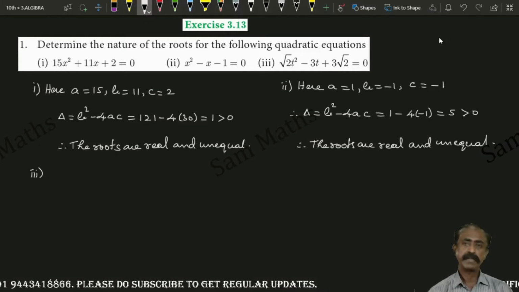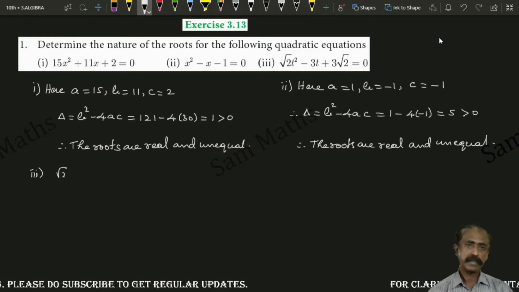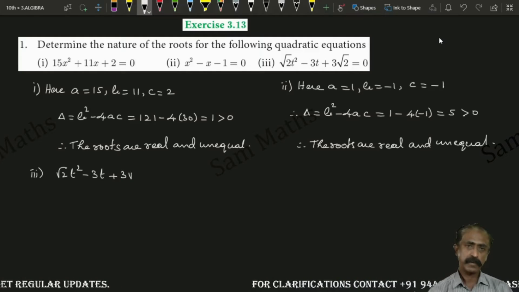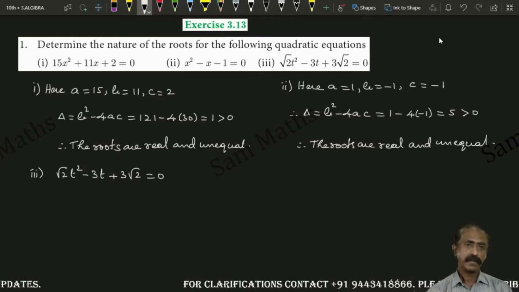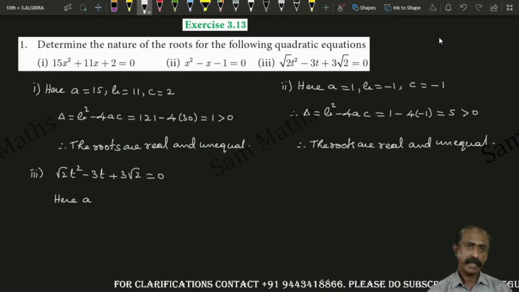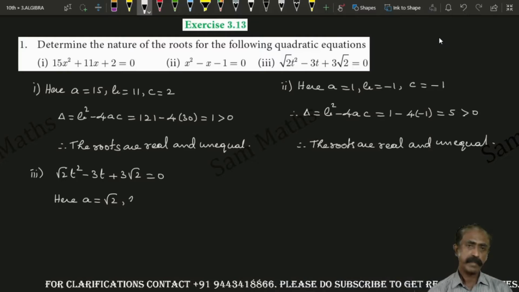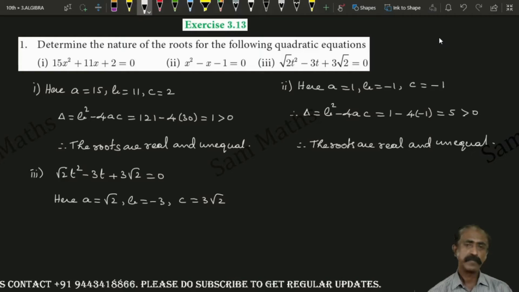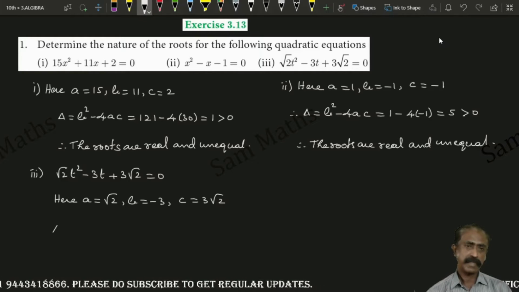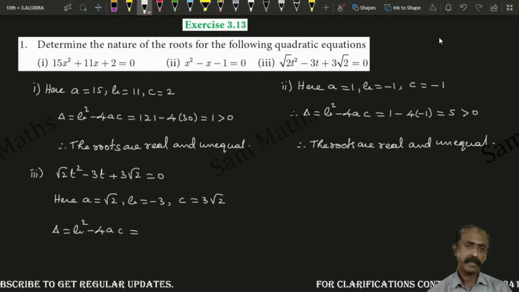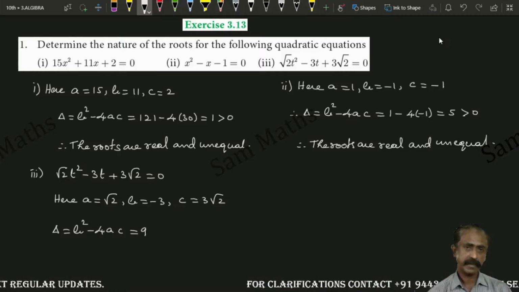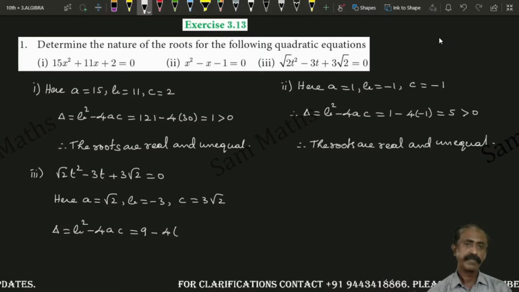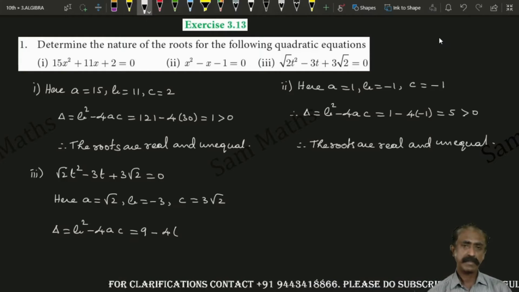Third subdivision, it's given root 2 t square minus 3t plus 3 root 2 equal to 0. Here, a is equal to root 2, b is equal to minus 3, c is equal to 3 root 2. Therefore, delta is equal to b square minus 4ac, equal to minus 3 the whole square, which is 9, minus 4 into root 2 into 3 root 2.